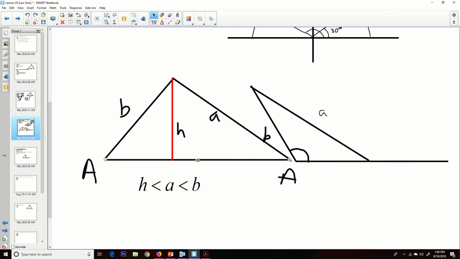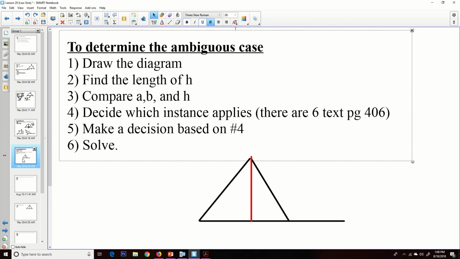We'd have to extend that side out there to actually get that. So there's a bunch of different possibilities, and again, I suggest that you look at page 406 to see them all.